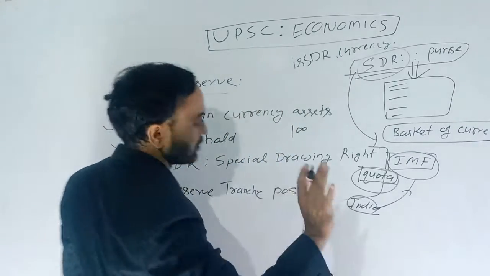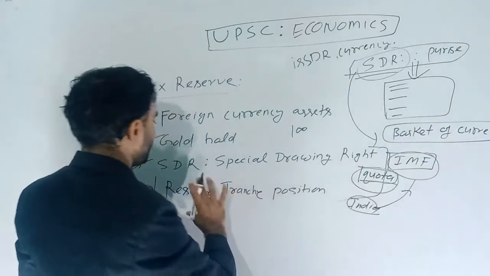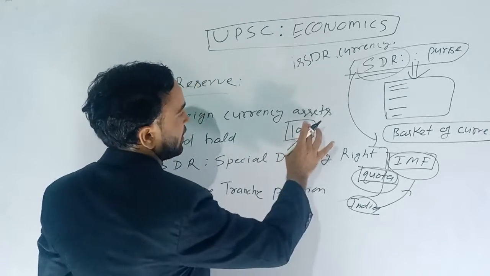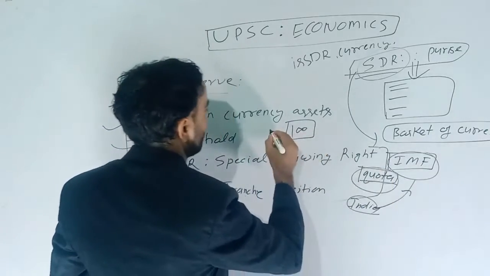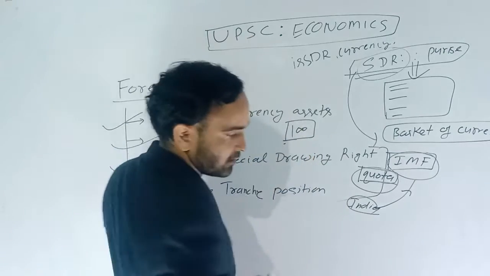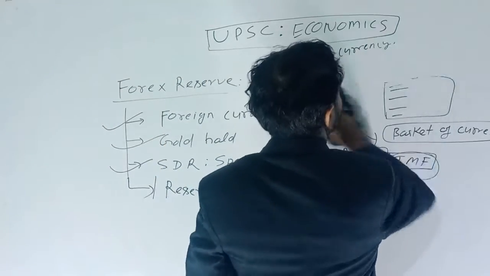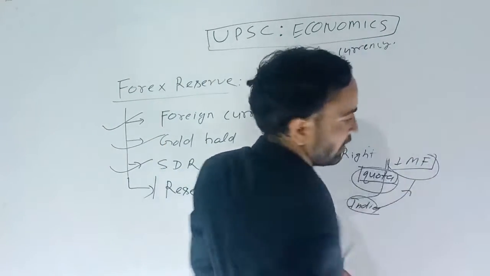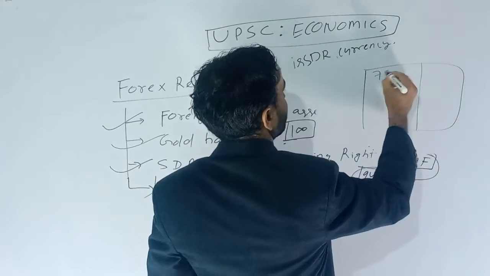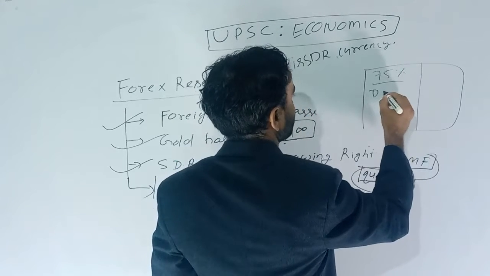What is my point? Don't bother about the IMF, bother only about what the reserve tranche position is. Let us suppose I have given my fee of 100 rupees to the IMF. This is my quota. Under this, the IMF says 75% of your quota you can put in domestic currency.